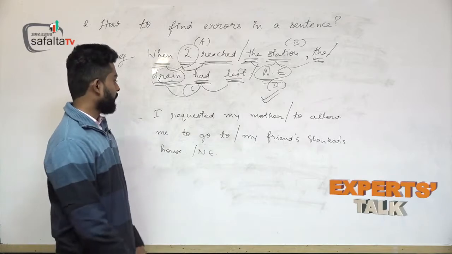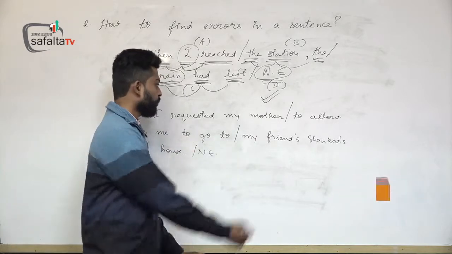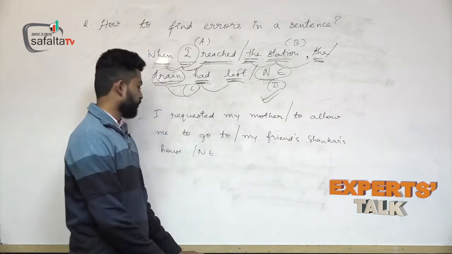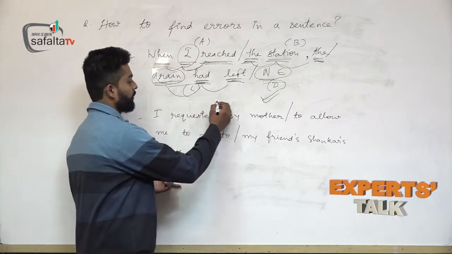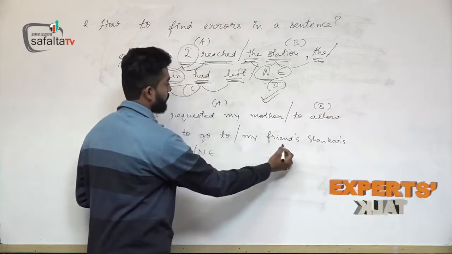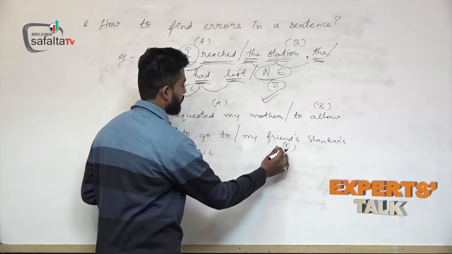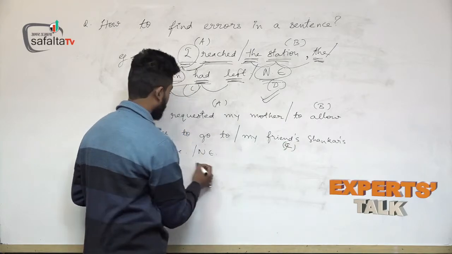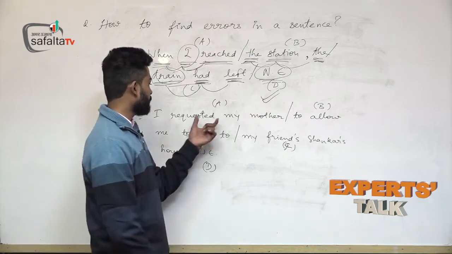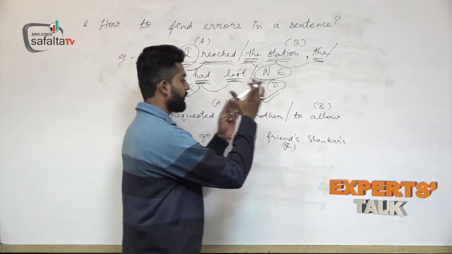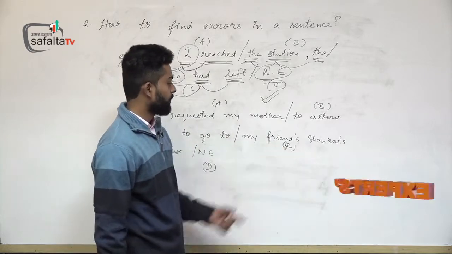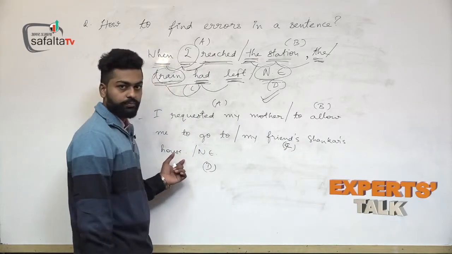This sentence is given here, and there are again 4 options, A, B, C and D. The D option is no error, the A option is I requested my mother, the second option is to allow me to go to, and the third option is my friend's Shankar's house.